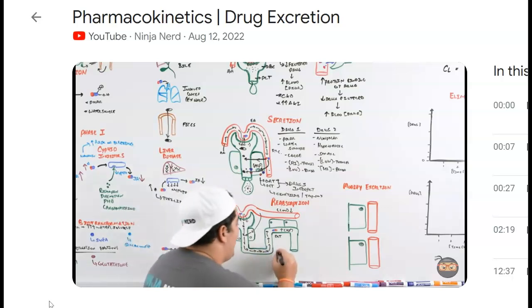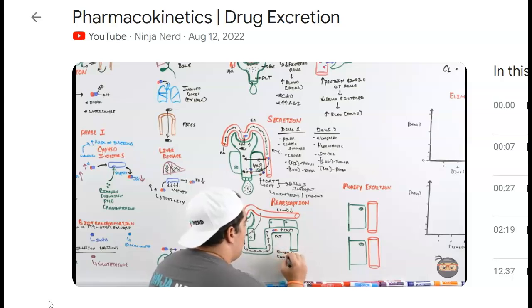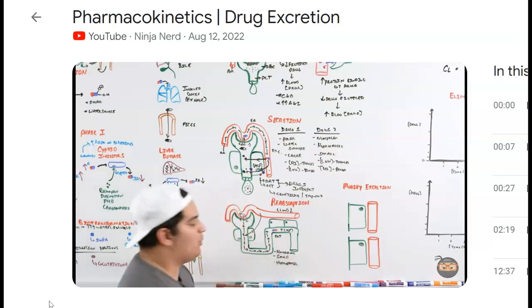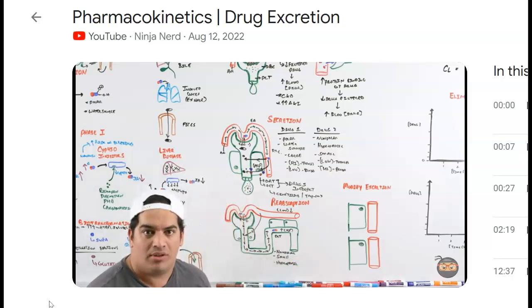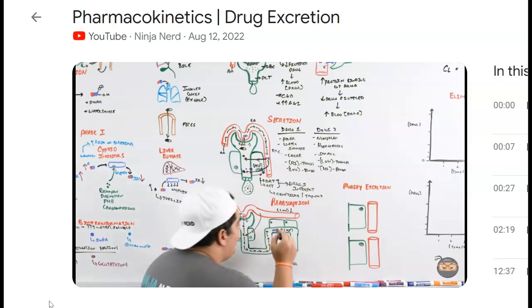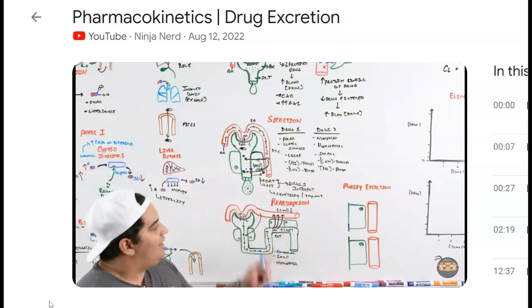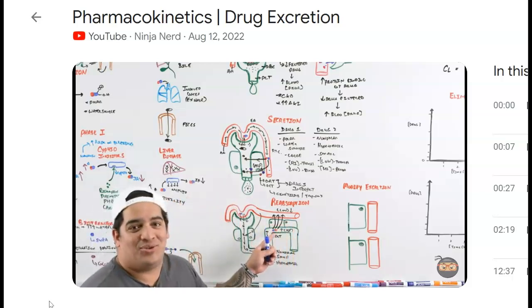So drugs that are nonpolar, that are small, so low molecular weight, and hydrophobic, so very lipid soluble, won't require any type of transport proteins, won't require any kind of active transport process at all, and they can easily passively diffuse across this into the actual bloodstream. And then the point of this was to excrete the drug.